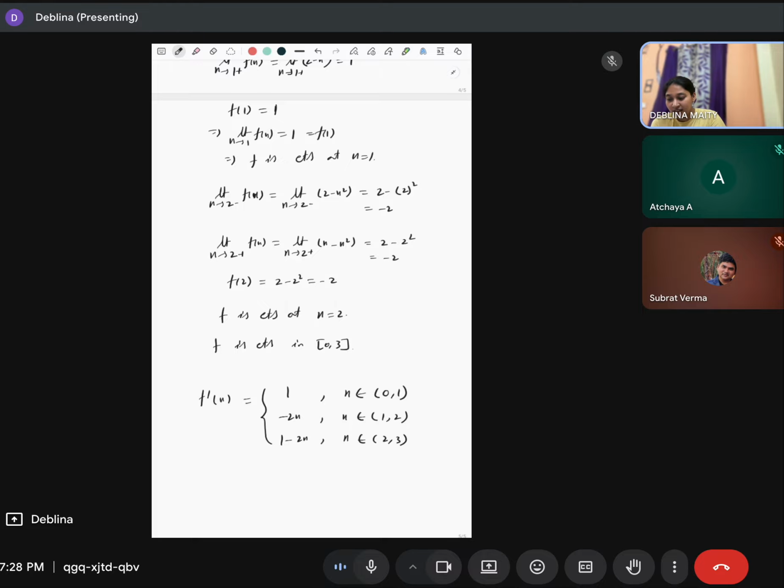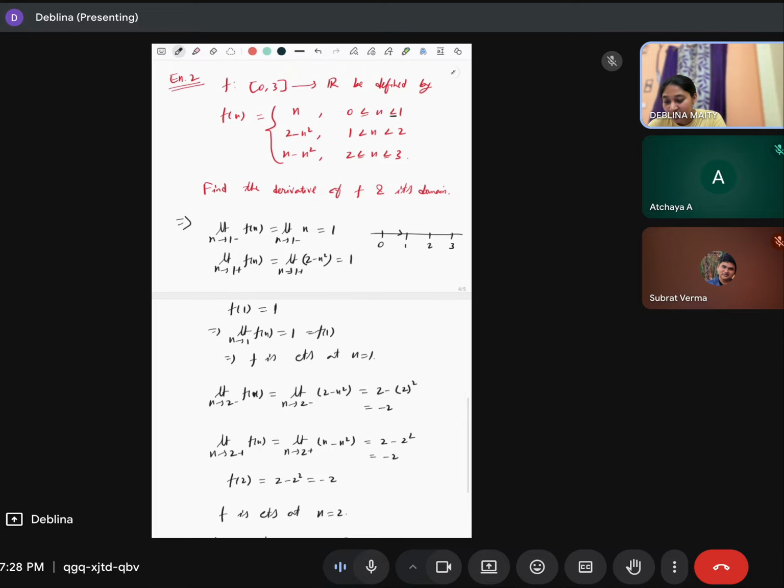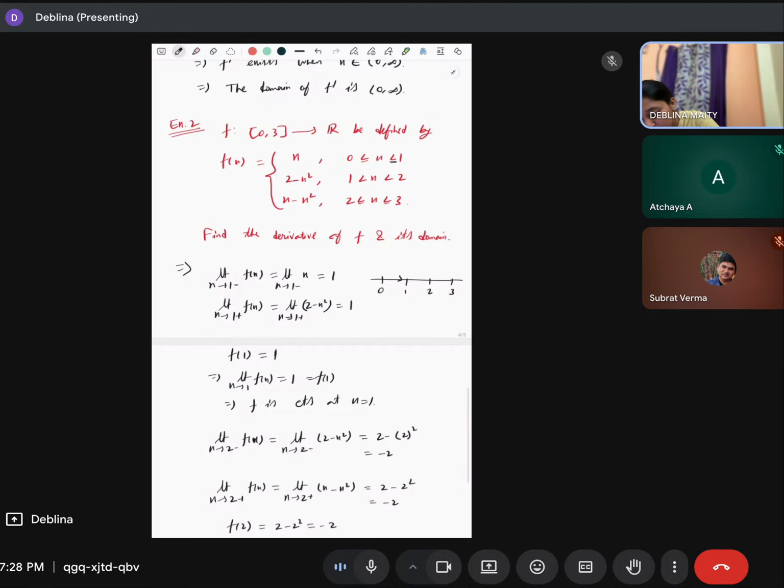Because at the corner points we don't know yet, but for the intervals, what is the graph? This is x, so it will look like this. Now from 1 to 2 it is 2 minus x square, so it is some parabola, I think.